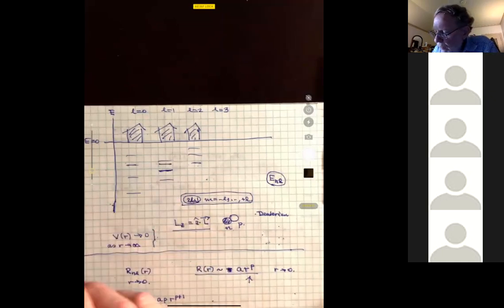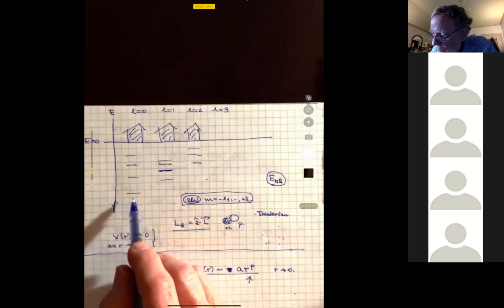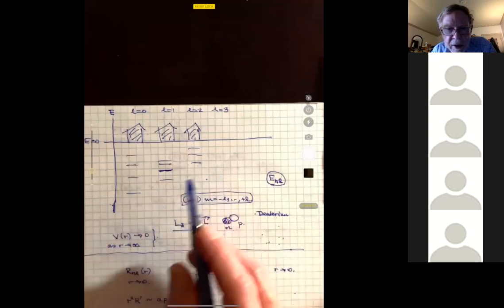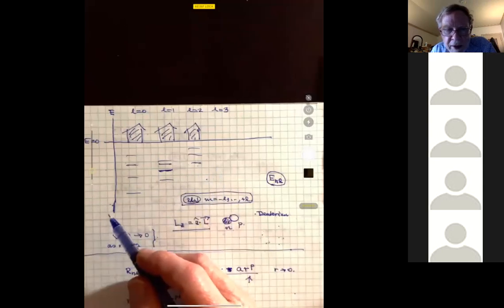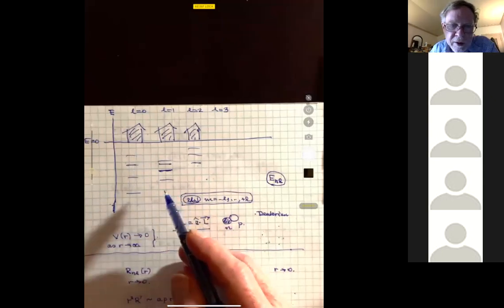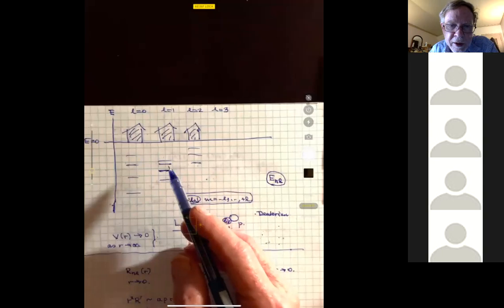However, for a randomly chosen radial potential, this is not very likely. And the reason is that when you change the potential because of the centrifugal potential and go from one of these columns to the next, in effect, what you're doing is creating a new one-dimensional Hamiltonian, which is independent of the old one. And so in effect, you kind of have random levels in one column, another random set in another.